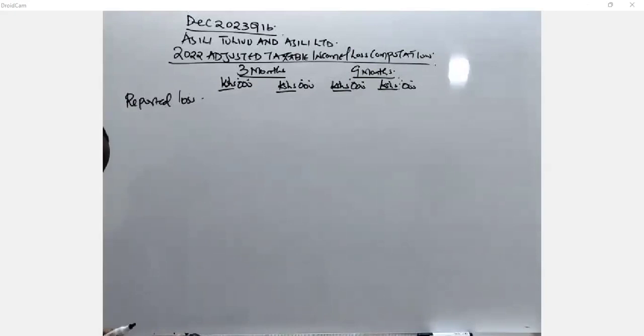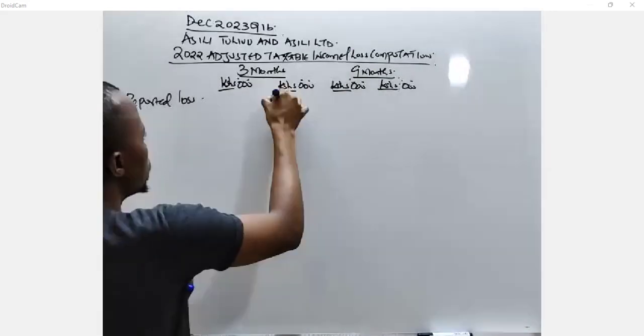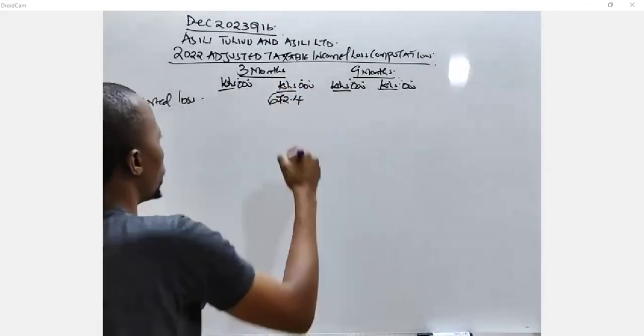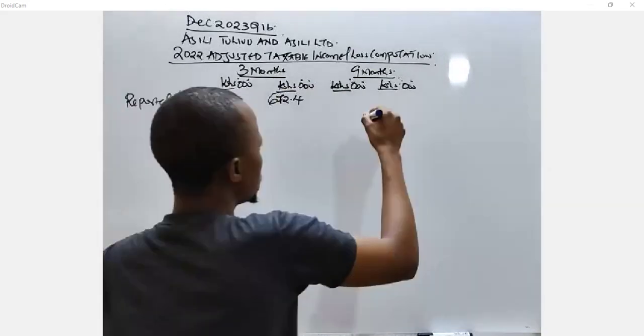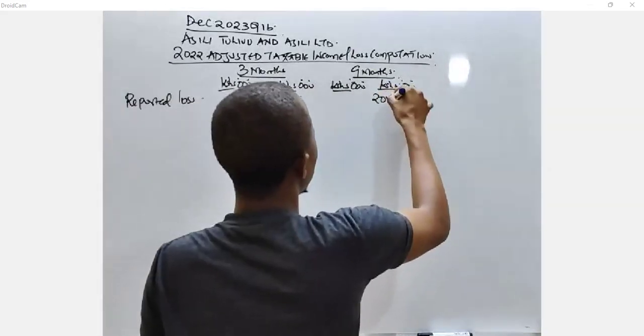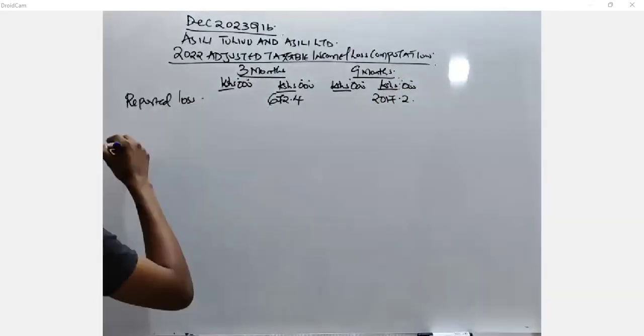We divide it by 12 times 3, so this one should be 672.4. What about when they were a limited liability company? I say 2689.6 minus my answer, we are getting 2017.2.